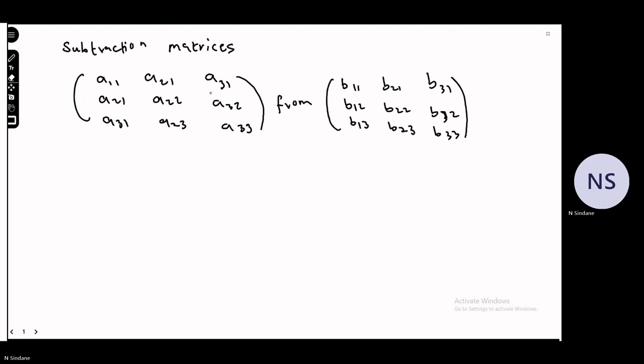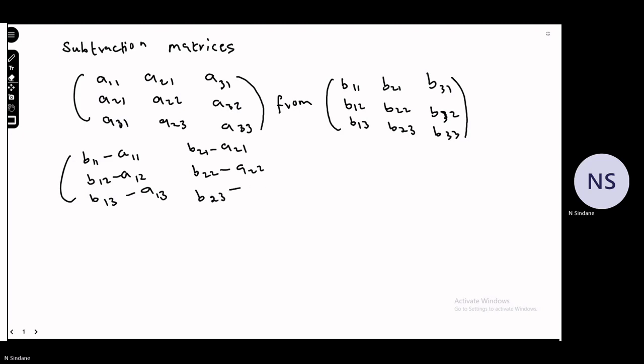Your solution will still be a 3 by 3: B11 minus A11, B12 minus A12, B13 minus A13, then B21 subtract A21, B22 subtract A22, B23 subtract A23, and then B31.